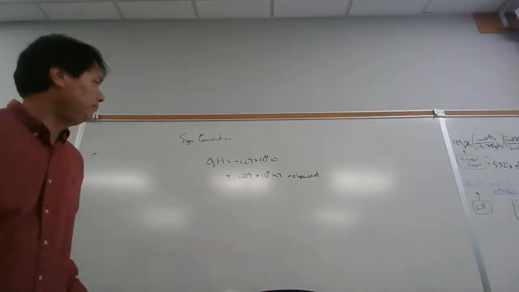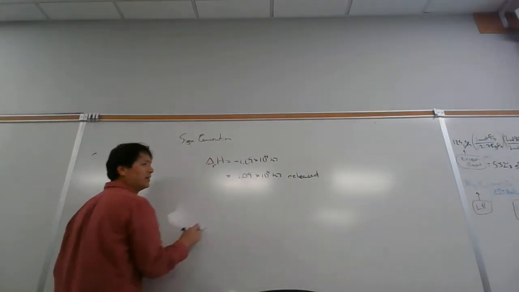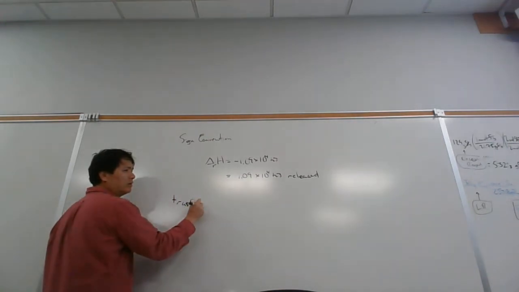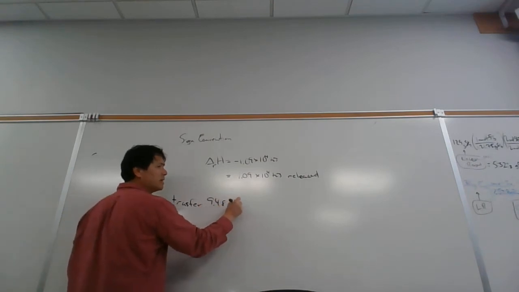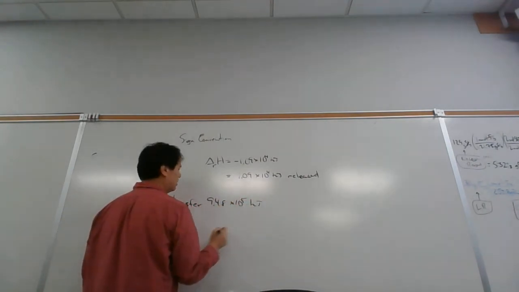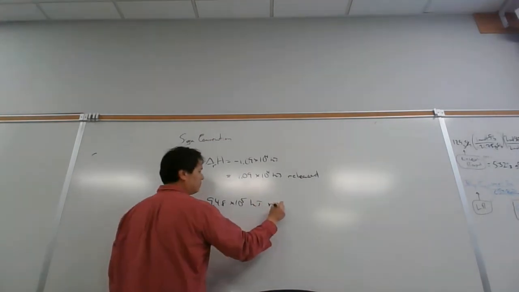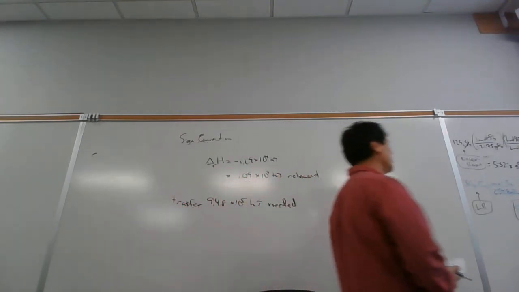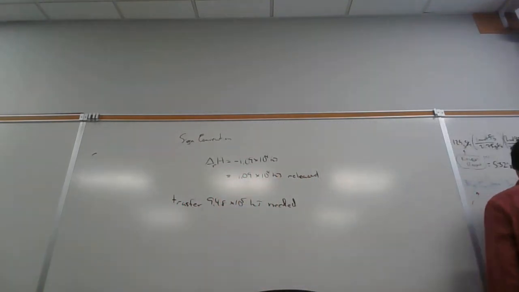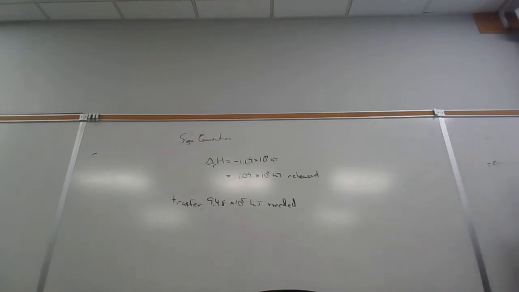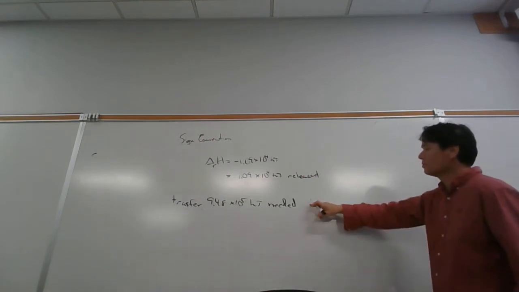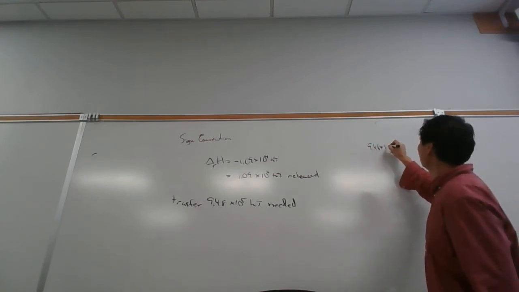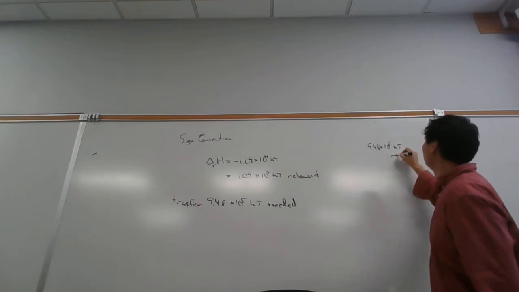Okay, so that means how we handle this. It says we need to transfer 9.48 times 10 to the 5th kilojoules needed. And so there are two ways of dealing with this and keeping consistent with the sign. The first way we can do is we can just say 9.48 times 10 to the fifth kilojoules needed.